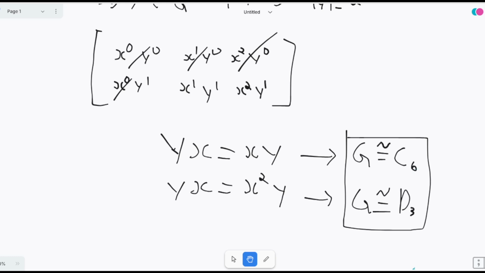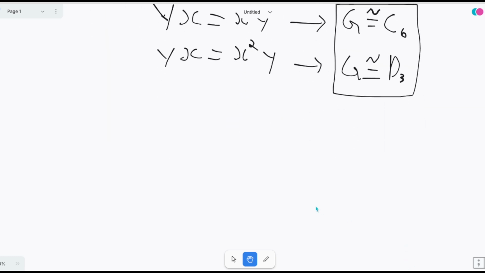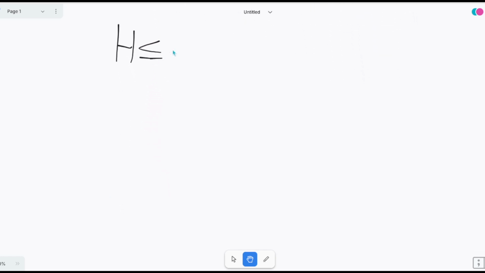Now, if we have a subgroup H of G such that the order of H is p to the e, so it's one of those groups whose existence is implied by the first Sylow theorem, we call H a Sylow subgroup.